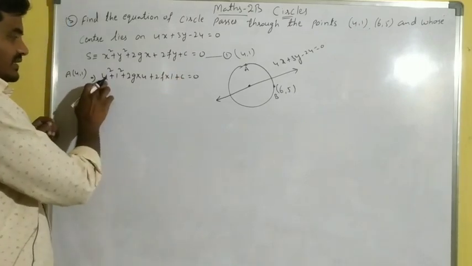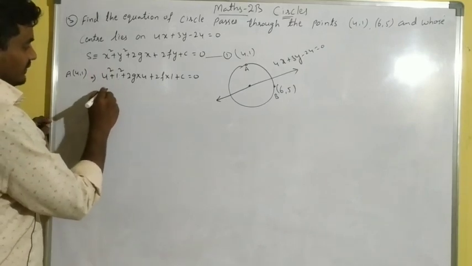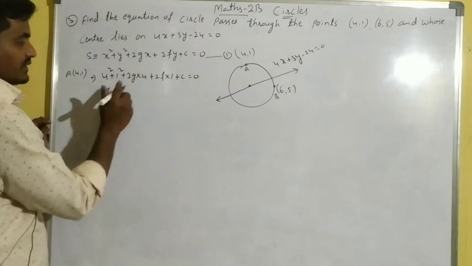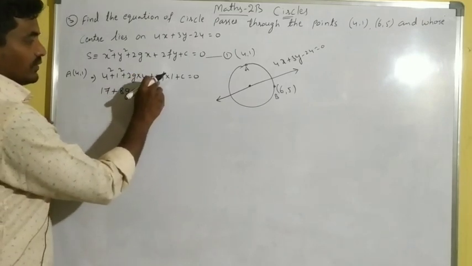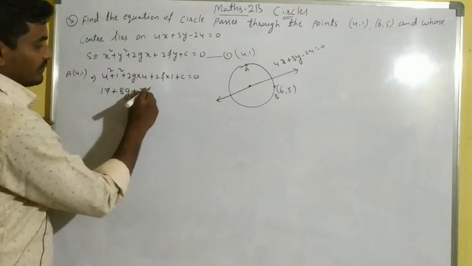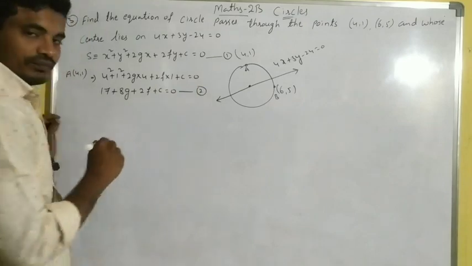Now it becomes 16 plus 1 square, which is 1. 16 plus 1 is 17, plus 2g times 4 is 8g, plus 2f into 1, that is 2f, plus c equals 0. This is equation number 2.